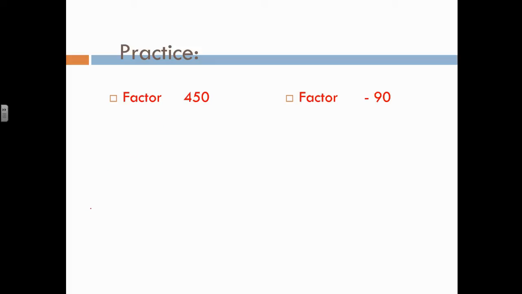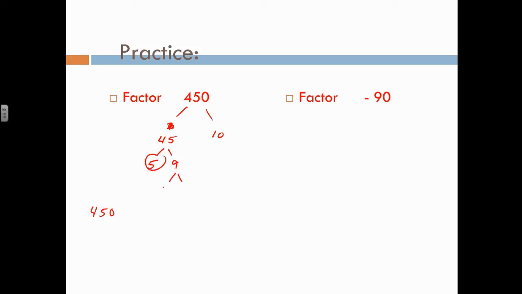All right, so welcome back. Hopefully you got for 450, well, 450 is, I'm not going to start with 2. Let's start with, let's say 45 and 10. And then neither of these are prime, so I have to keep working on both of them. I'm going to say 45 is 5 times 9. 5 is prime.